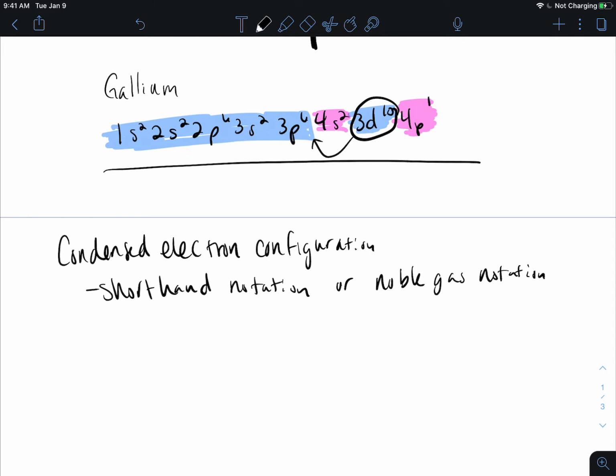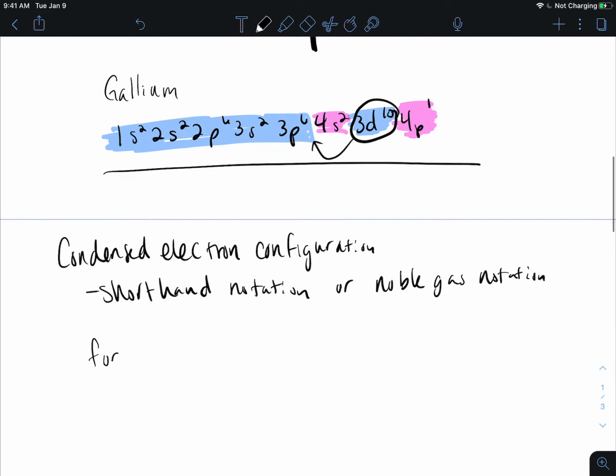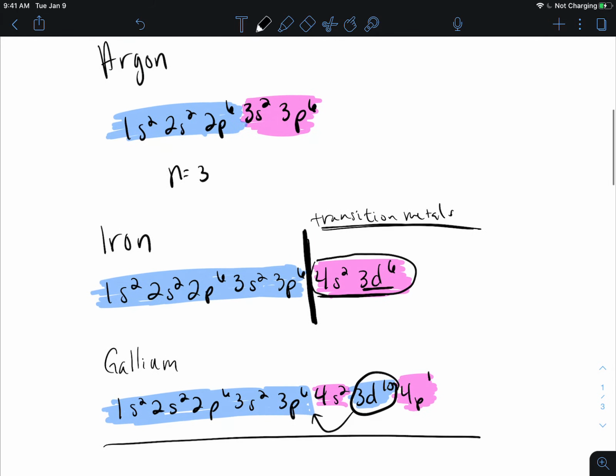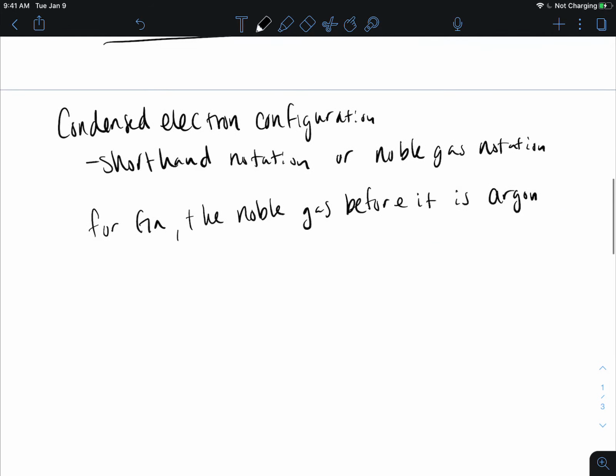So we're going to look at the row all the way to the right. And if we look for gallium, the noble gas before it is argon. Okay, so we already talked about argon. Argon has this electron configuration, so I'm going to write it back out.